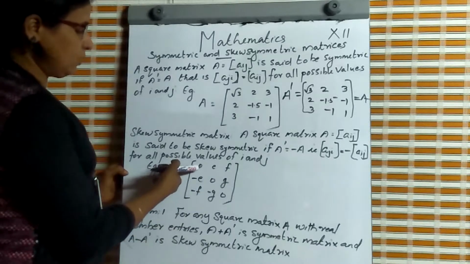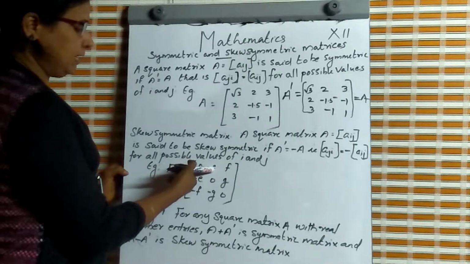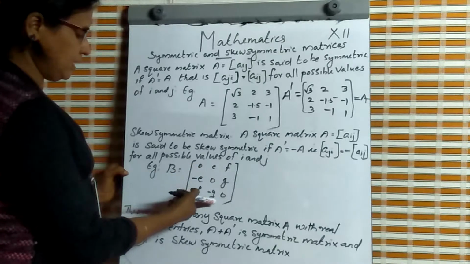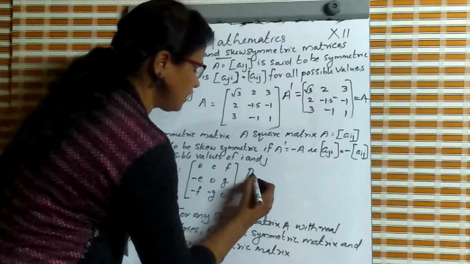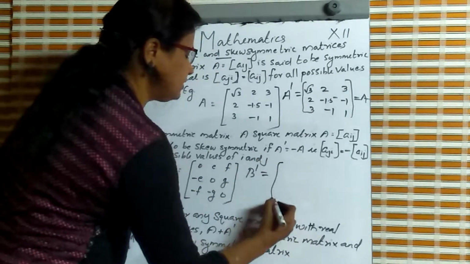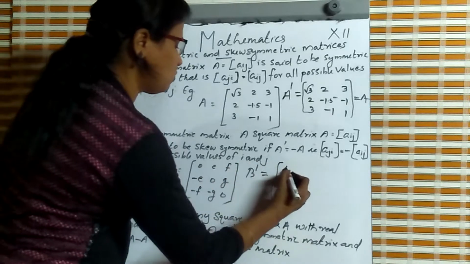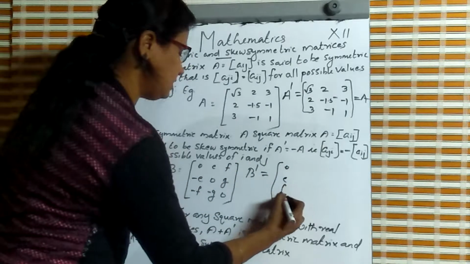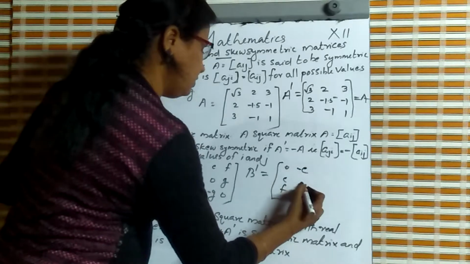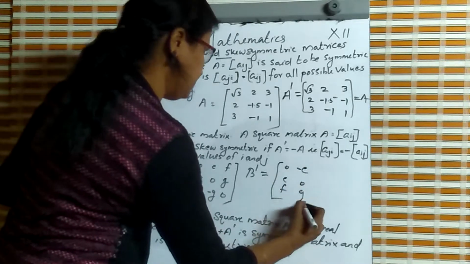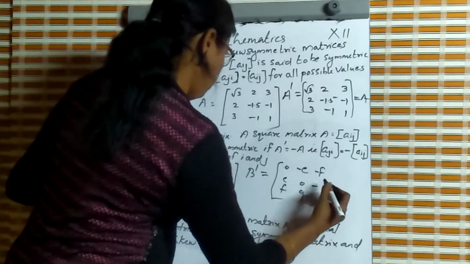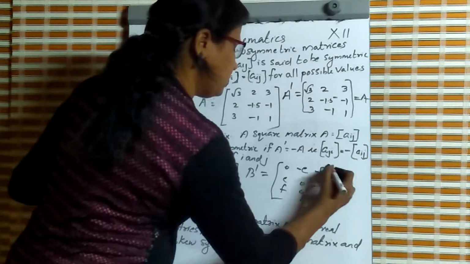Example: B equals the matrix with rows 0, e, f; minus e, 0, g; minus f, minus g, 0. Then what is B transpose? B transpose is obtained by changing rows to columns: 0, minus e, minus f; e, 0, minus g; f, g, 0.